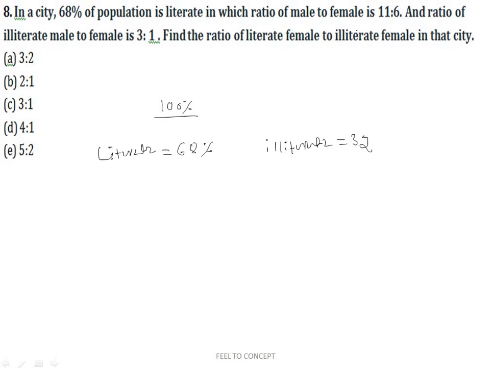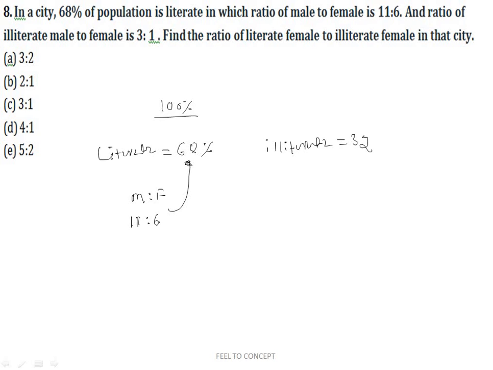The ratio of male to female is 11:6. In which ratio? The literate ratio male to female is 11:6. In 68% we need to divide 11:6.